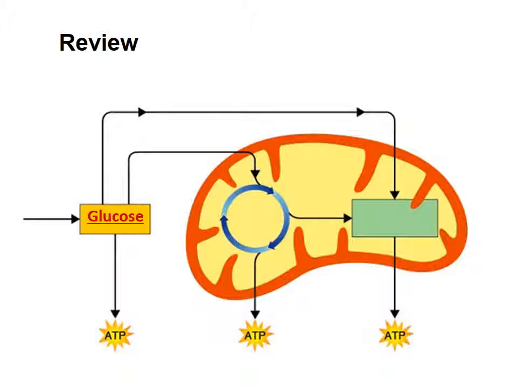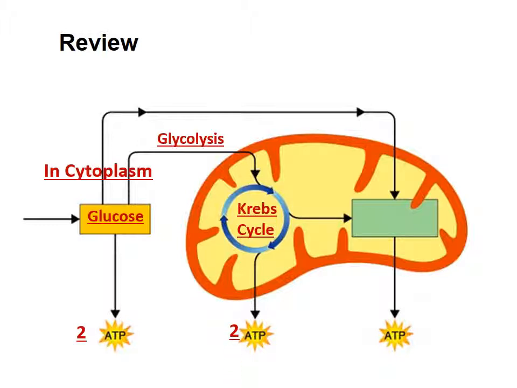Okay, so here's our glucose. It undergoes glycolysis, so glucose is going to split. Sorry, that happens in the cytoplasm, and produces a net of 2 ATP. This glucose will split into pyruvate, which will then be reduced down to acetyl-CoA, those carbon atoms anyway, and then go into the Krebs cycle, which produces 2 ATP.